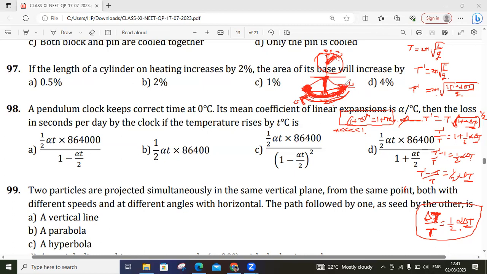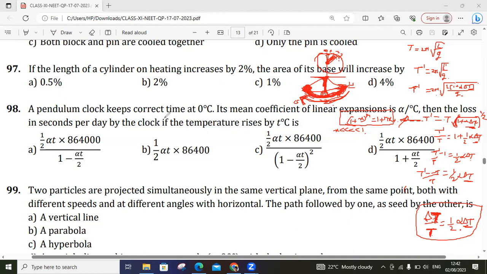So here it is gaining time, right? Suppose now it is 3 o'clock, but it will show 4 o'clock or 5 o'clock because it has moved very fast. So it gains time. So this is the concept.